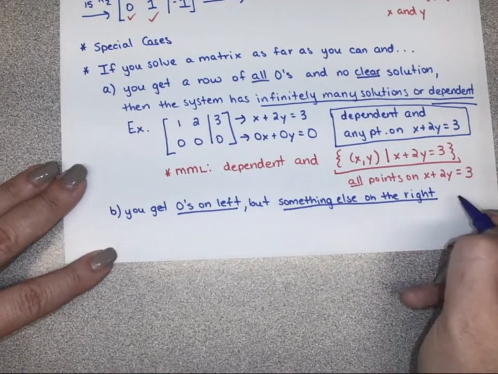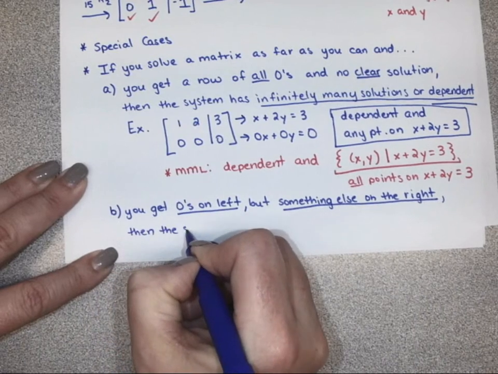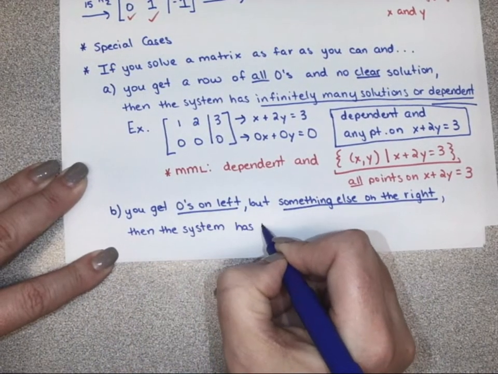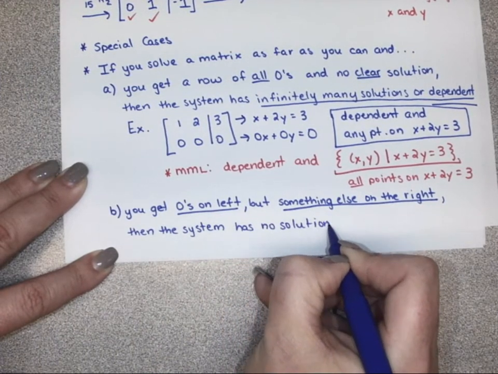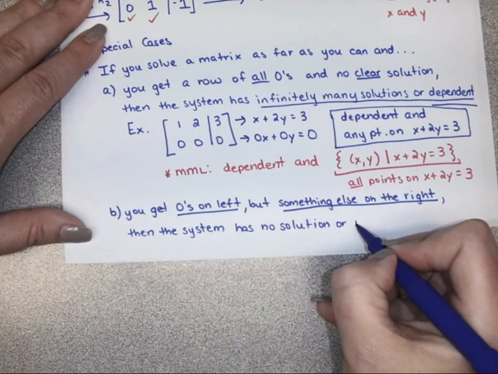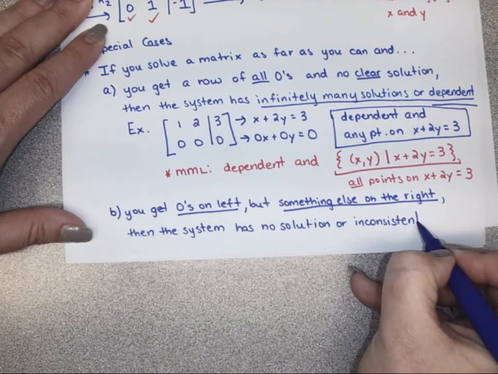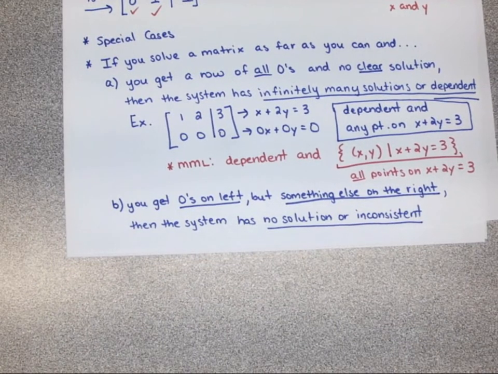Okay, and if that happens, then the system has no solution at all. Do you remember the term we used for that last week? It was inconsistent, meaning not consistent. In other words, there's not any answers whatsoever.